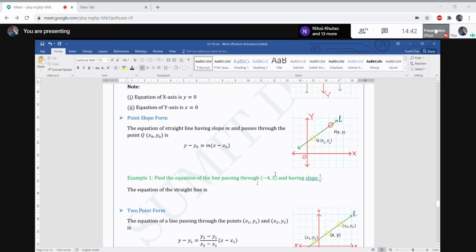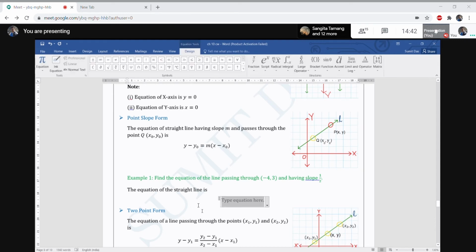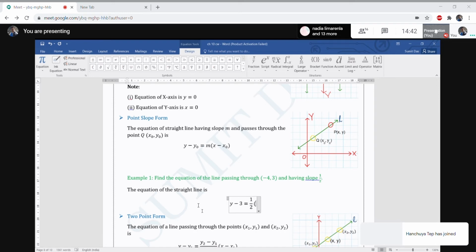Here x naught is minus 4, and y naught is 3. So the equation will be y minus y naught, which is 3, equal to m, the slope 1 by 2, into x minus minus 4.